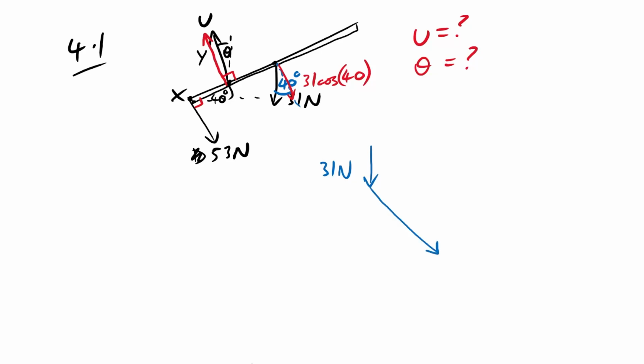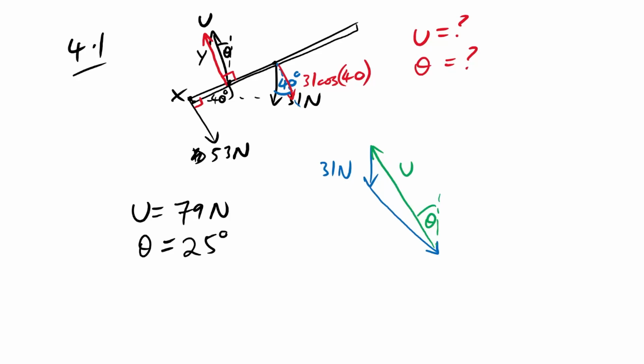And so that must mean that our unknown force is going back up here. That's going to be U, and then our angle is going to be that there. So when you draw this and then measure it, you should end up with something like U being 79 newtons and theta being something like 25 degrees.